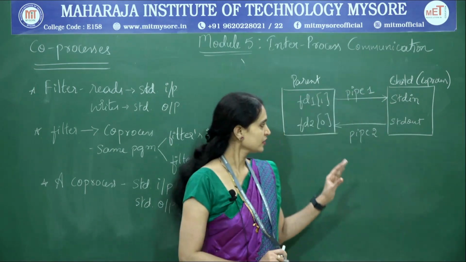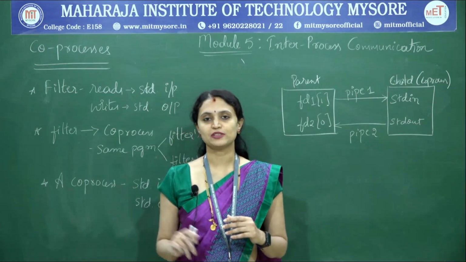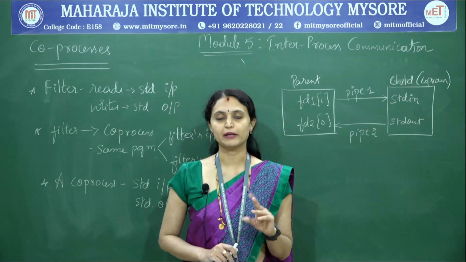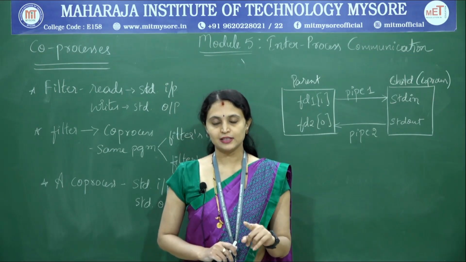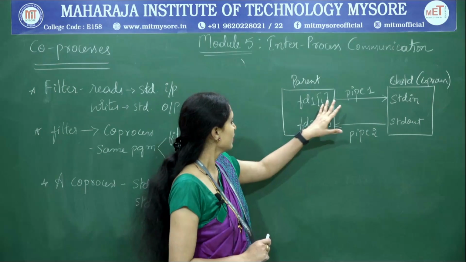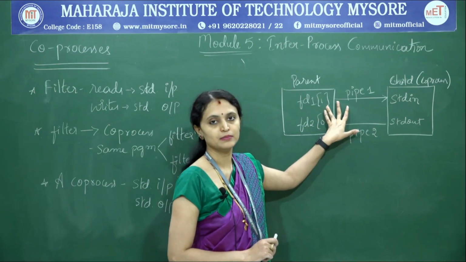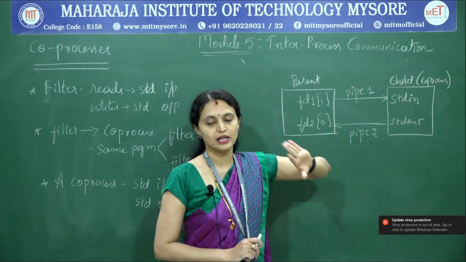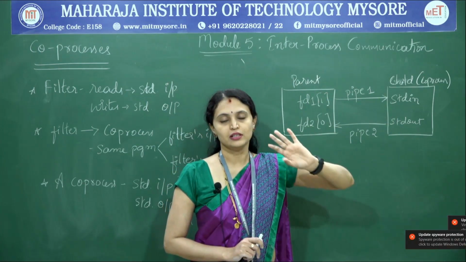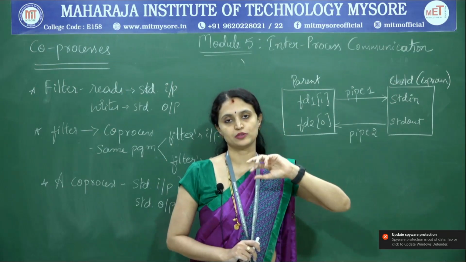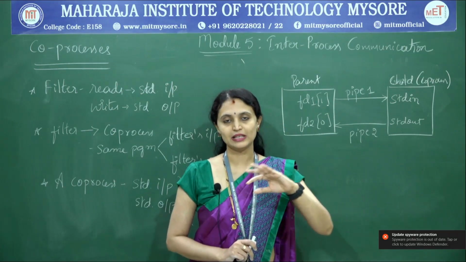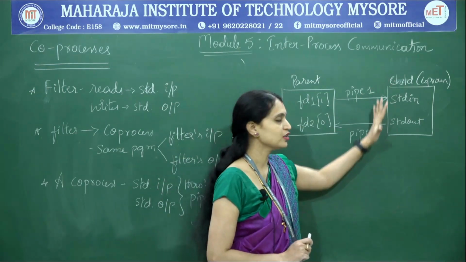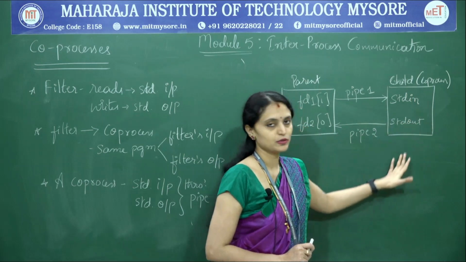Here we have the diagram. This process will create two pipes. One is between the first process, from the standard input, and the co-process, and another is between the standard output and the co-process. The same thing is represented in a diagram like this. We have the parent process and then the child process, and let it be the co-process here.